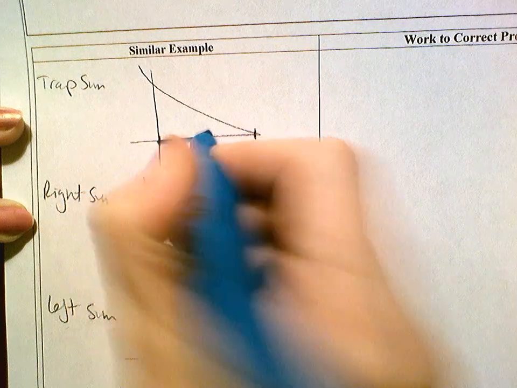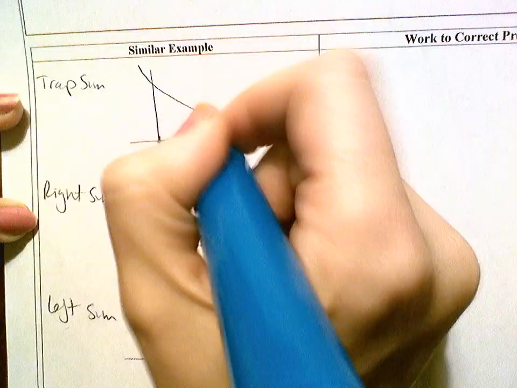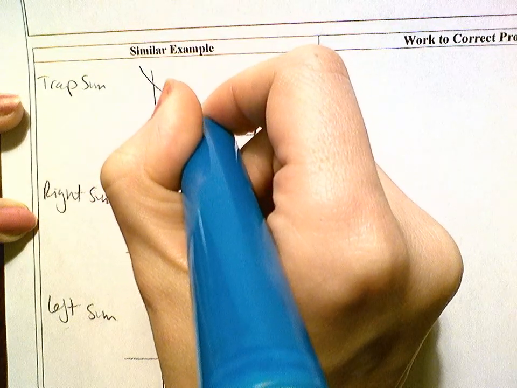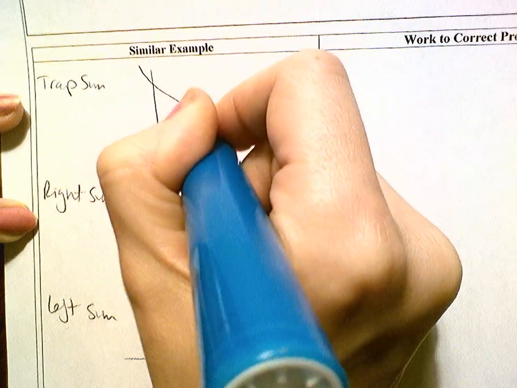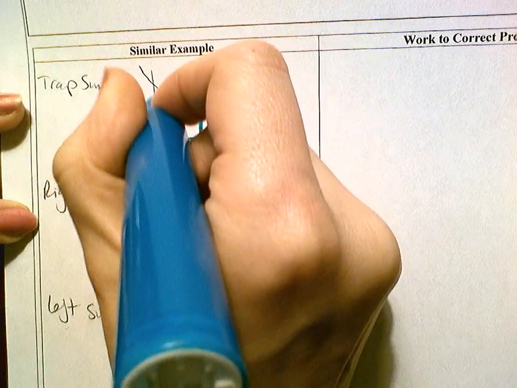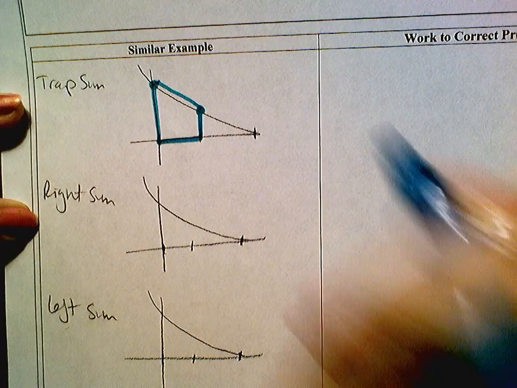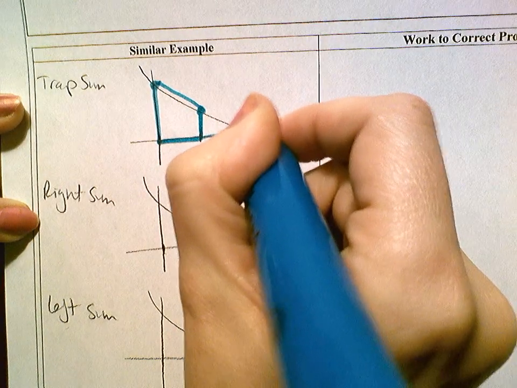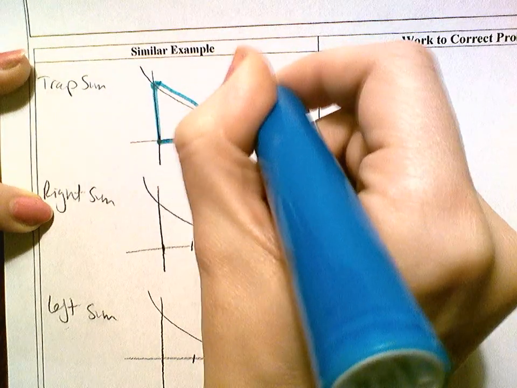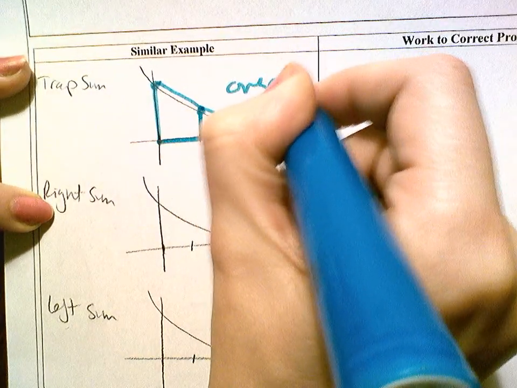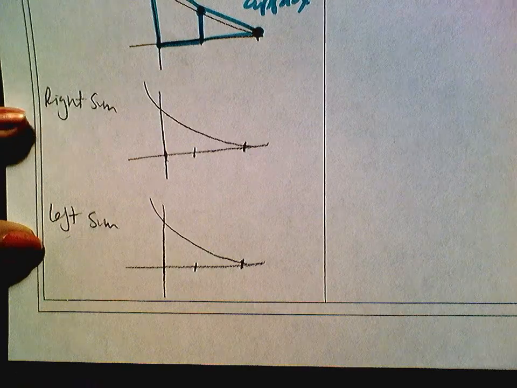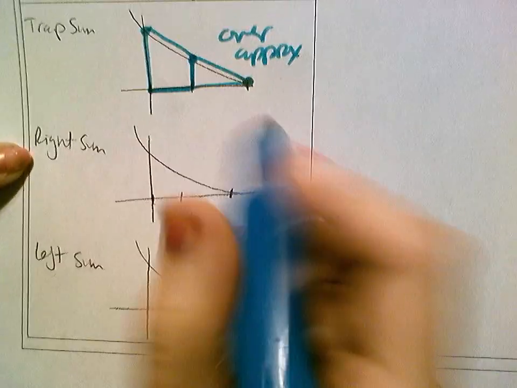This is the height of the first trapezoid. Then for one base, you go from the right end point up, and for the other base, you go from there up. And I go like this. Same thing here. So this is an over approximation.